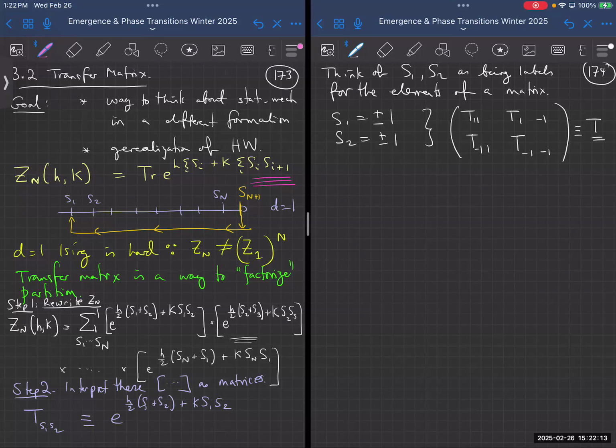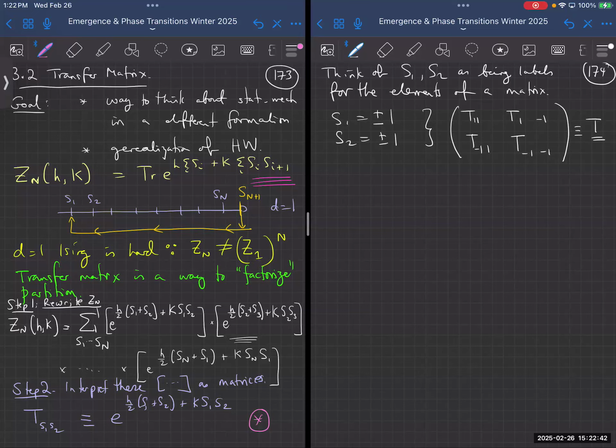Okay, so the S1 and S2, even though those are spin variables with values plus or minus 1, you can think of those as being like the labels i and j of a matrix. And I can write down what those numbers are because I can read them off. Looking on the left-hand side, what happens when S1 is 1 and S2 is 1?